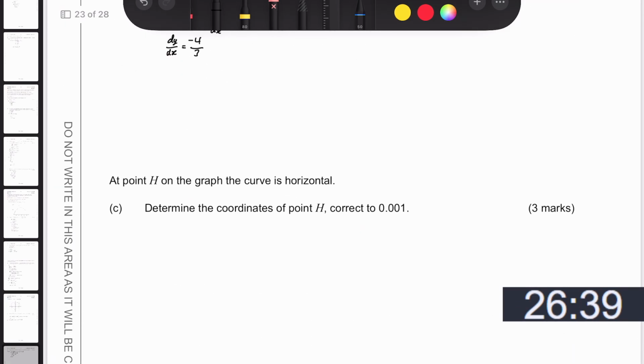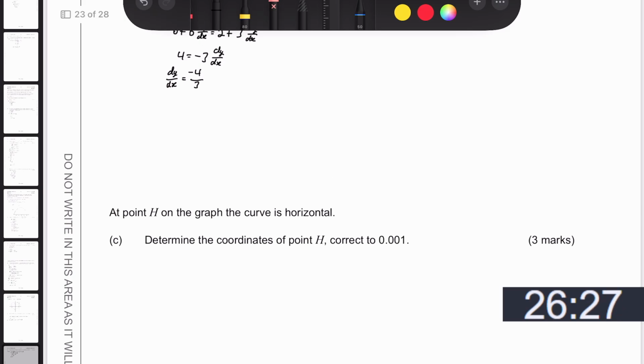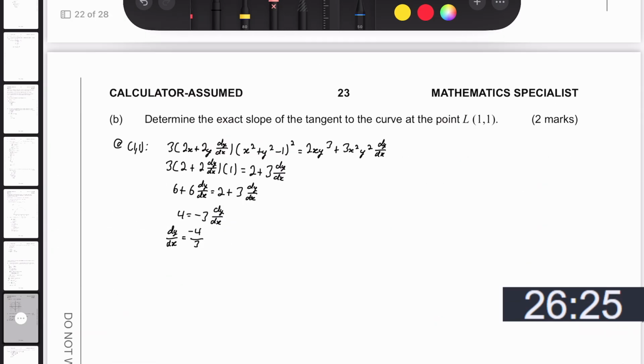At point H, the graph is horizontal. Determine the coordinates of point H correct to 0.01.